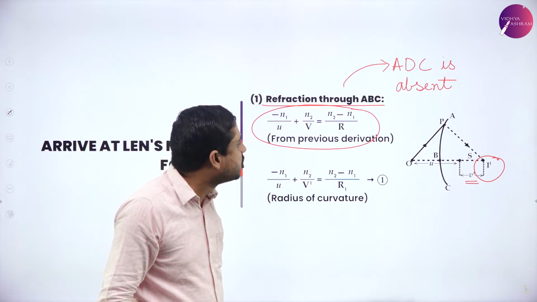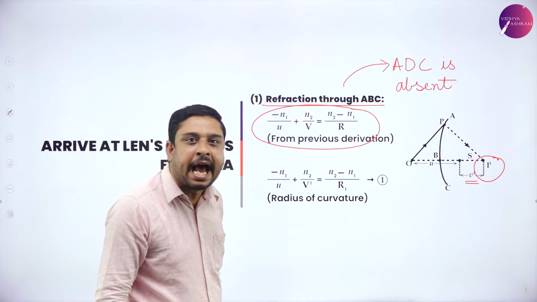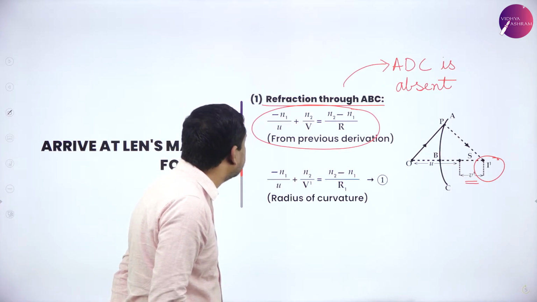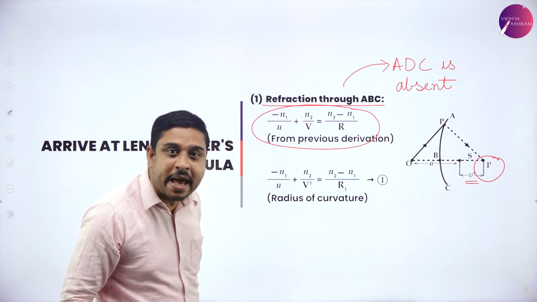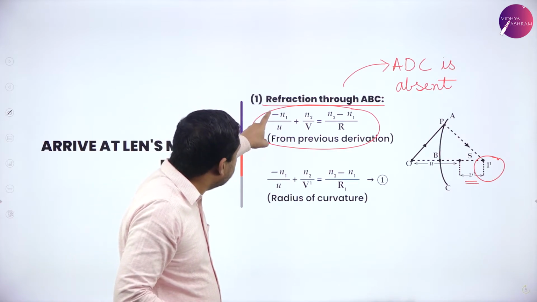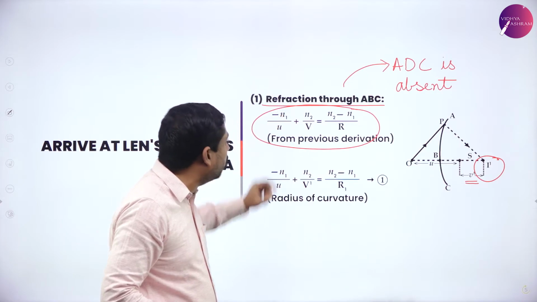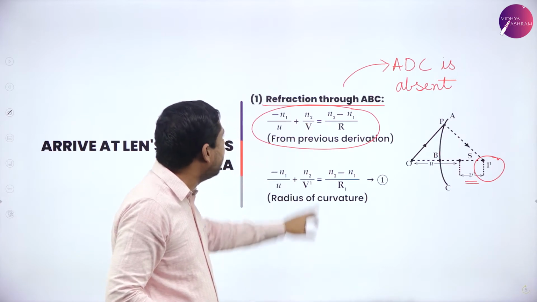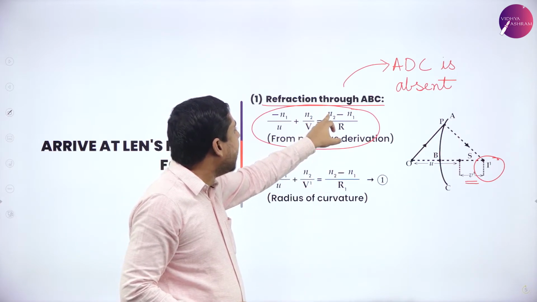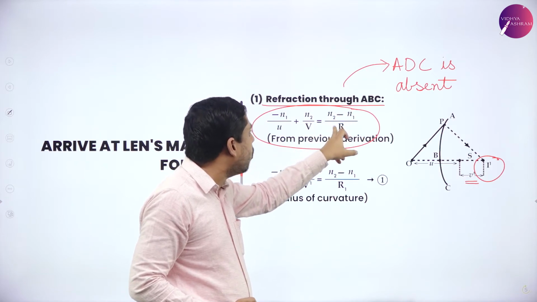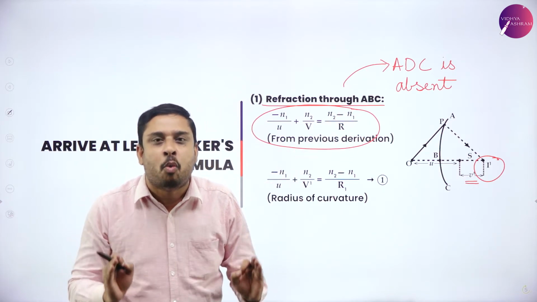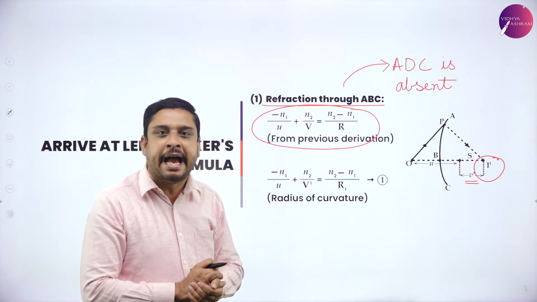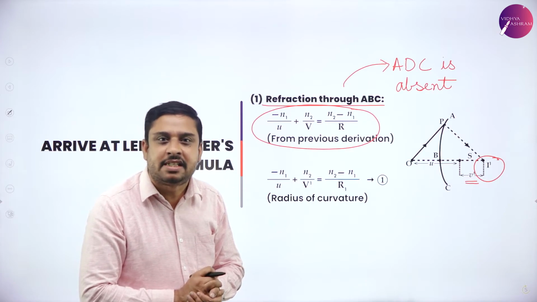In the previous session, I have derived an expression for refraction at a spherical surface: minus n1 by u plus n2 by v equals n2 minus n1 by R. This was the equation that we derived in our previous session.